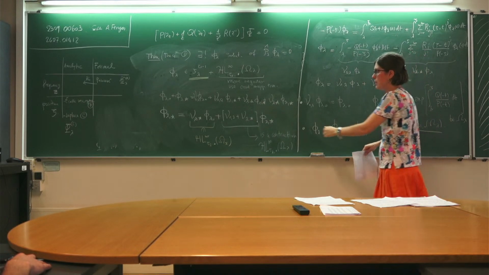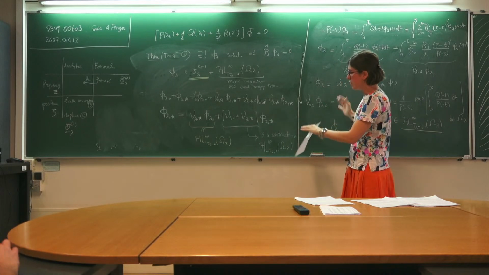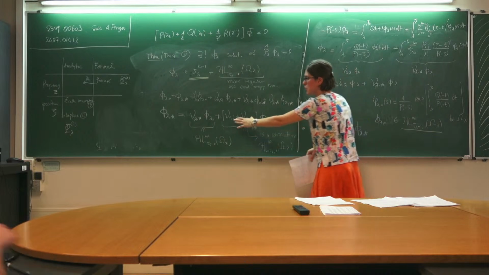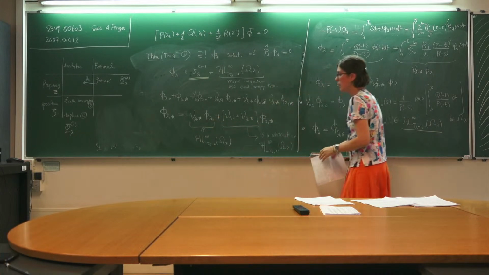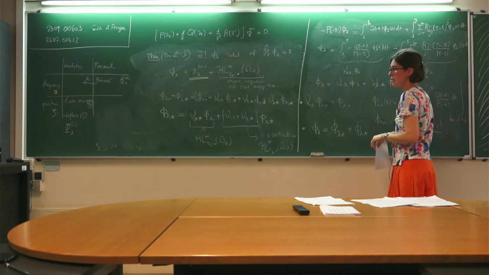The full operator that we have to check is a contraction is the sum of the two. But if this is a contraction, then the sum of the two is a contraction.